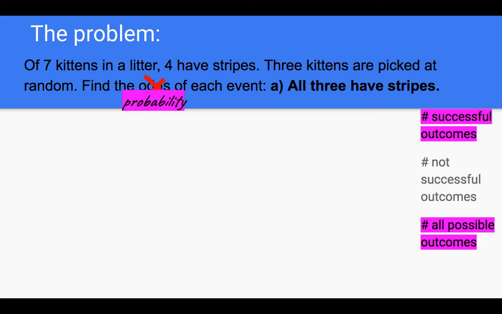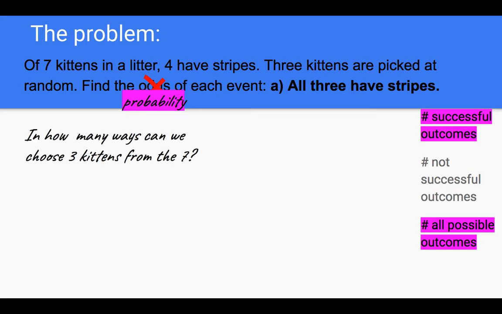How do we count these things, and what does it mean to count these things for this problem of all 3 kittens having stripes? So the first thing is, in how many ways can we choose 3 kittens from the 7? Remember that we said that this was a problem of combinations. So this is the way to choose them. Just picking 3 out of 7, the order does not matter.